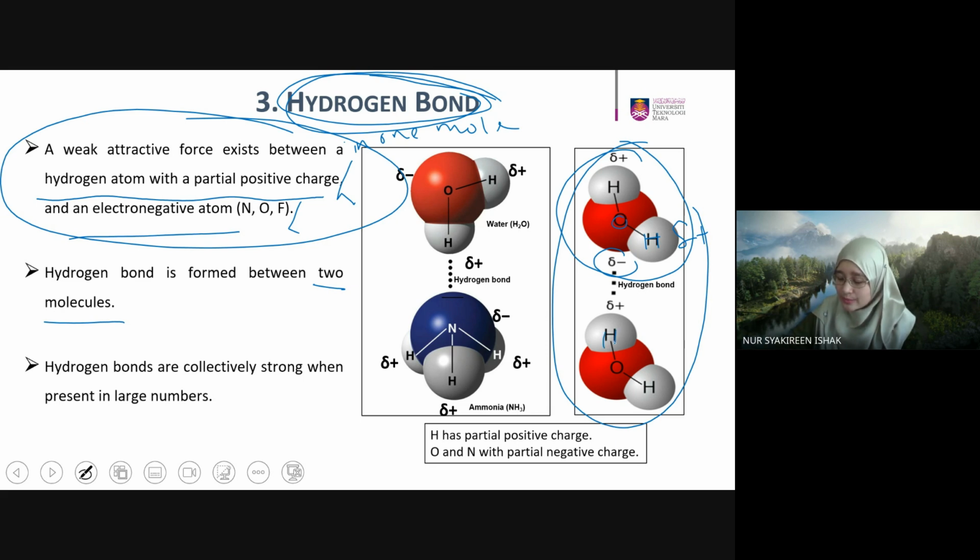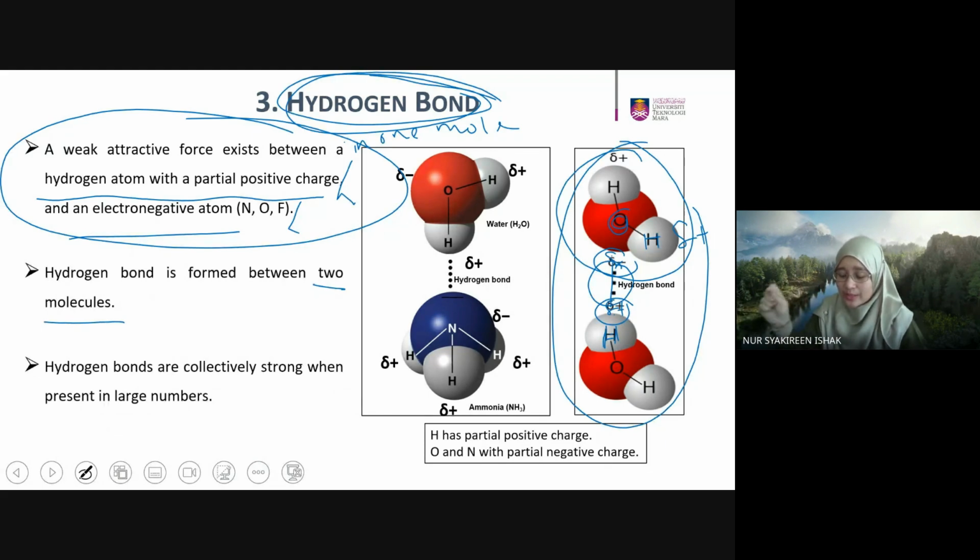So hydrogen has a partial positive charge, and it will be attracted to the oxygen of another water molecule that has a partial negative charge to form hydrogen bonds. If you look at this diagram, you have to take note that every time you draw hydrogen bonds between molecules, you have to draw using a dotted line only.